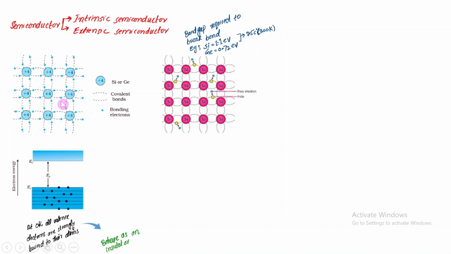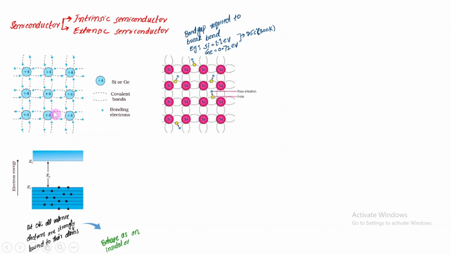That external heat will be used to break the bonds, in order to exceed their binding energy. In other words, we call that binding energy the band gap. If we provide about 1.1 electron volt energy to this material, the silicon bond will break.